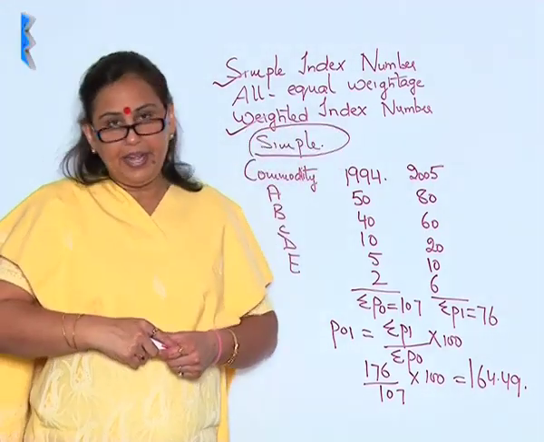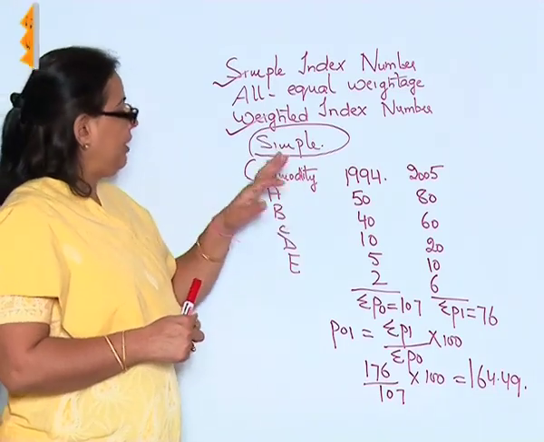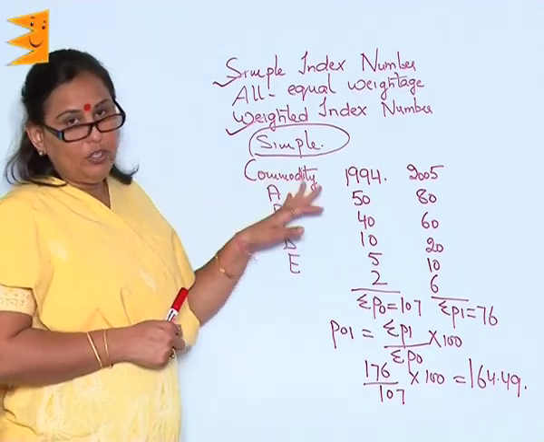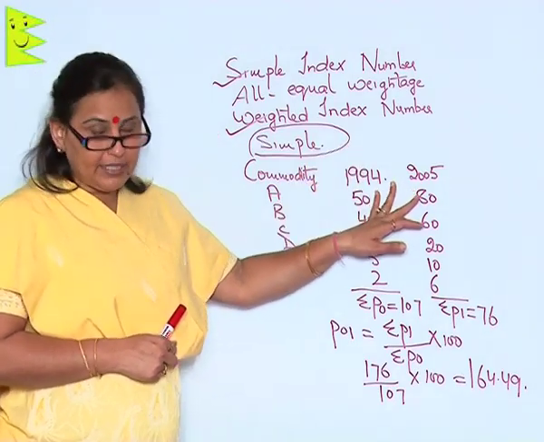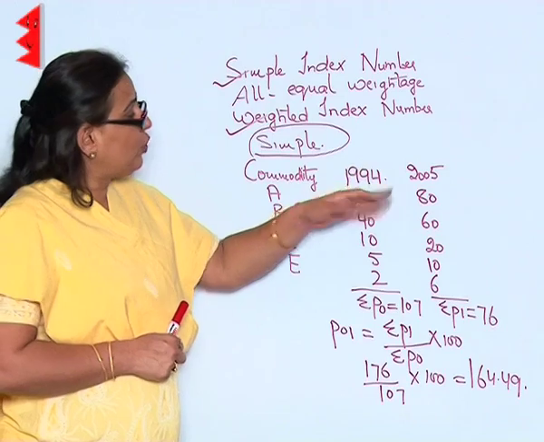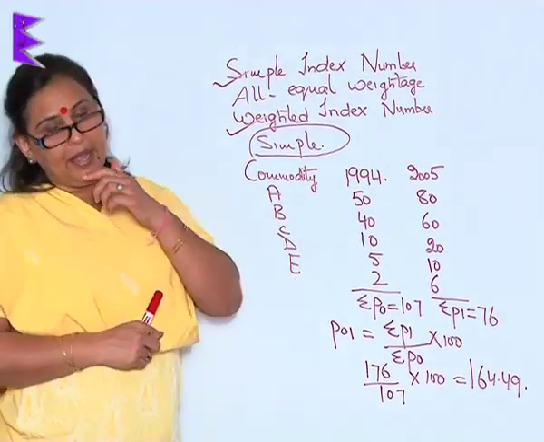When the simple index number has to be found, you shall be given the commodities, the value of the commodities of the base year and also the value of the commodities to which we shall make the comparison.